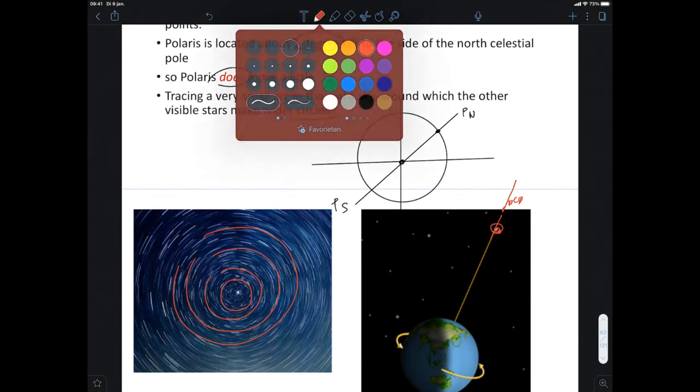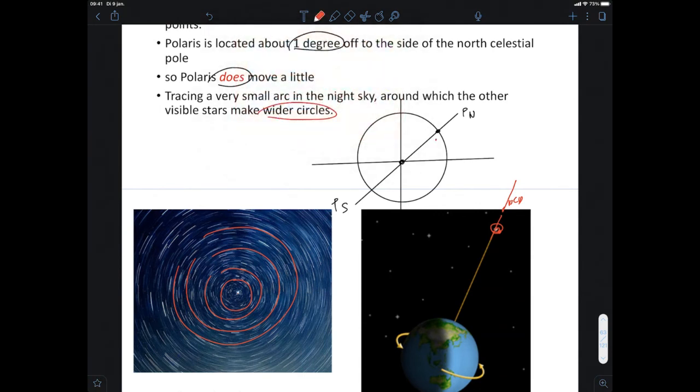But since the star is somewhere here, this is a little bit exaggerated, Polaris also has an apparent daily motion like this. Okay, and so it does circle around Polaris, with a radius of approximately 60 miles or 1 degree.